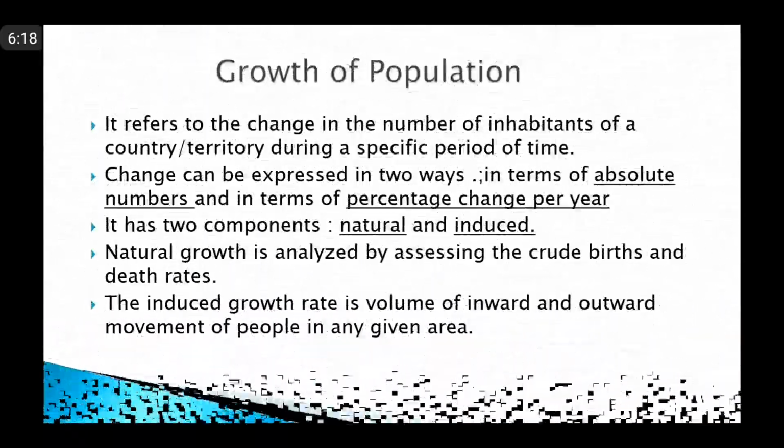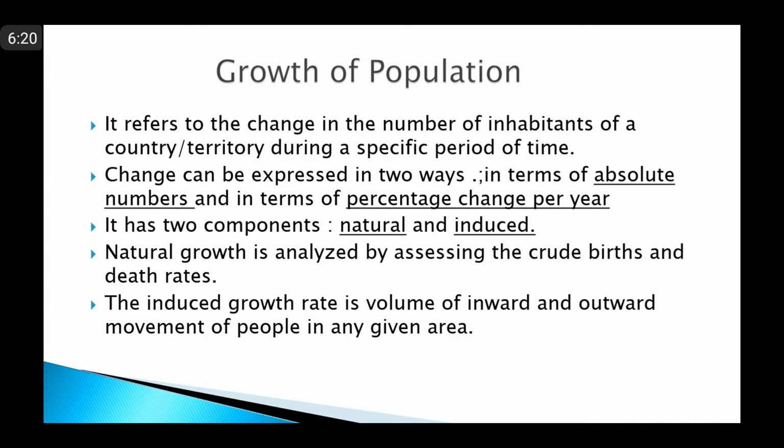Now, we will have to discuss a very important topic which is given in your book, growth of population. When you look at the book, you will see that one topic is there, growth of population.